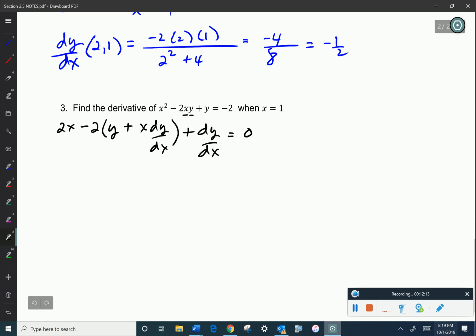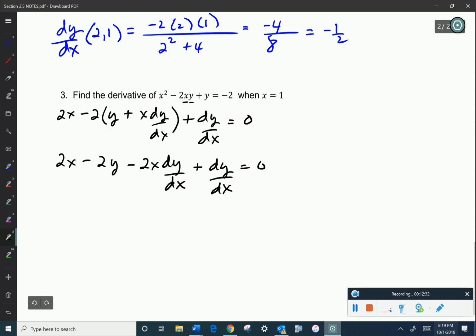So, let's see, I'm trying to solve for dy dx. How about if I get rid of these parentheses? So, 2x minus 2y minus 2x dy dx plus dy dx equals 0. And again, if I want to solve for dy dx, I'm going to leave that over here, and I'm going to factor it out of those two terms. So that would be what? A negative 2x plus 1.